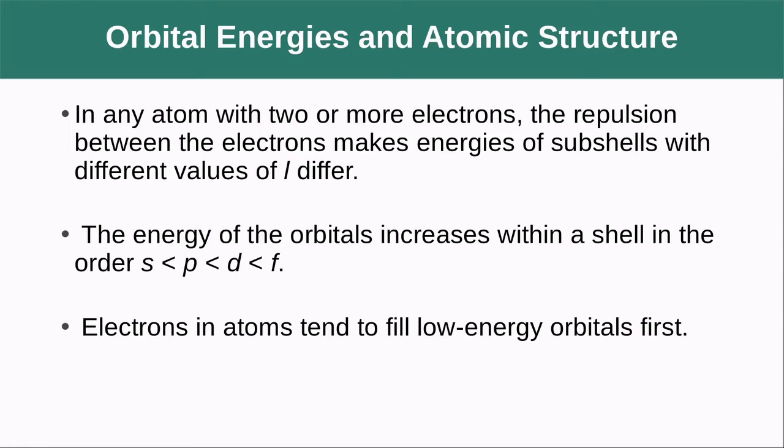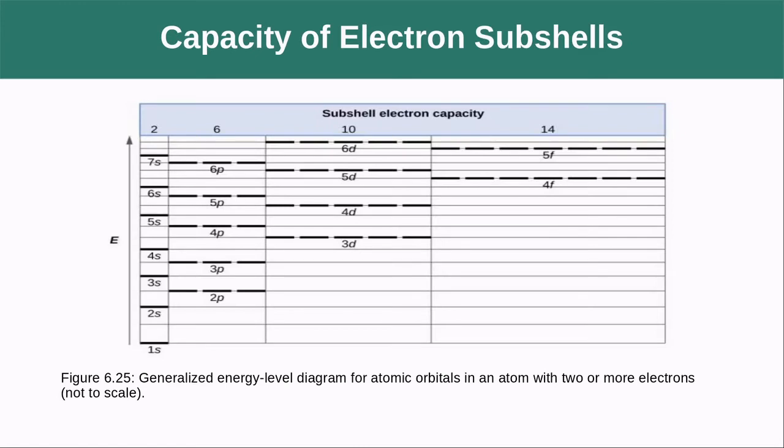The energy of the orbitals increases within a shell in the order of s less than p less than d less than f. Electrons in atoms tend to fill low energy orbitals first. So let's see what we're talking about here.